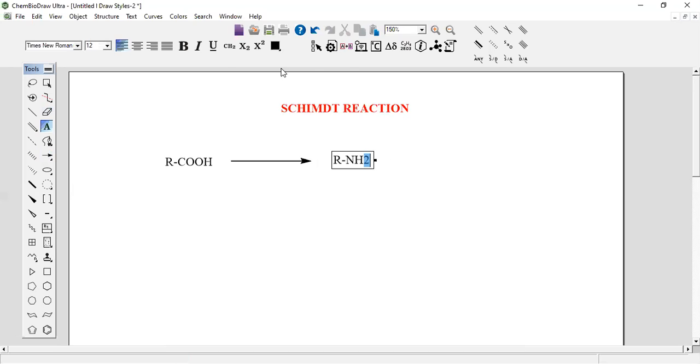What is the name of this compound? RCOOH changed to RNH2. This is the carboxylic acid, and this is the amine.